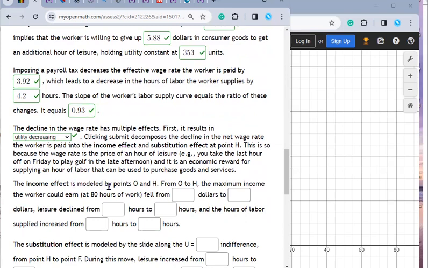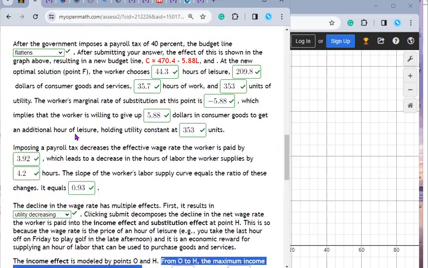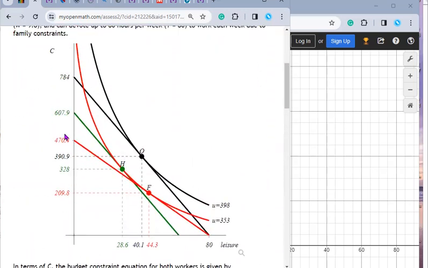So the income effect is modeled by points O to H, just like I said. From O to H, the maximum income the worker could earn at 80 hours work, right? So the maximum amount of income the worker could earn if they worked 80 hours a week and had 0 hours a week of leisure, the person's income would be 784, right?